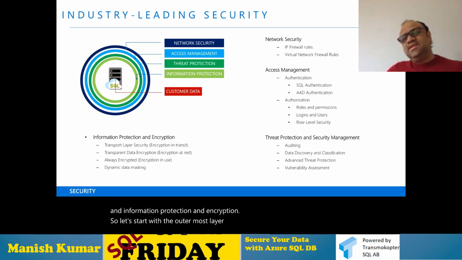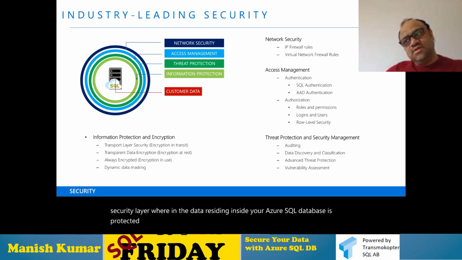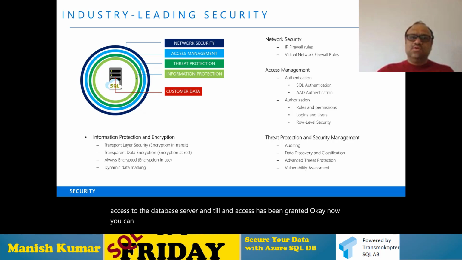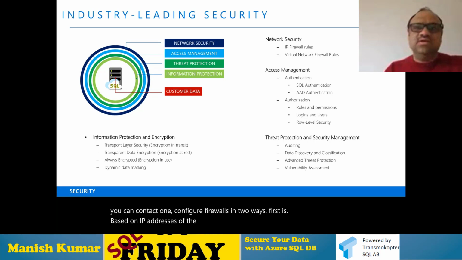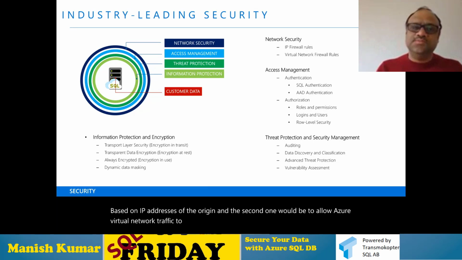The outermost layer is the network security layer, wherein the data residing inside your Azure SQL database is protected by configuring firewalls. These firewalls prevent any network access to the database server until access has been granted. You can configure firewalls in 2 ways. First is based on the IP addresses of the origin, and the second is to allow Azure Virtual Network traffic to access your Azure SQL DB.